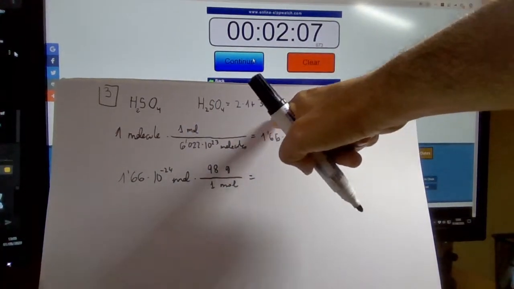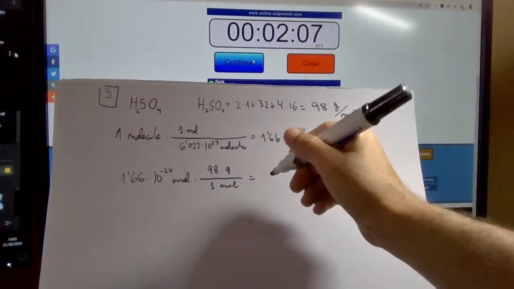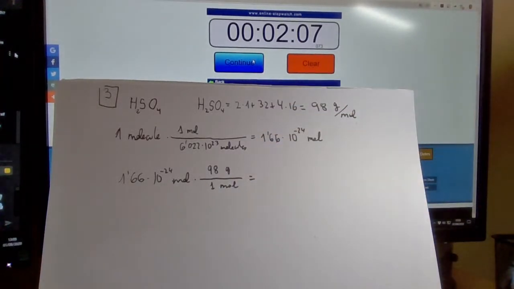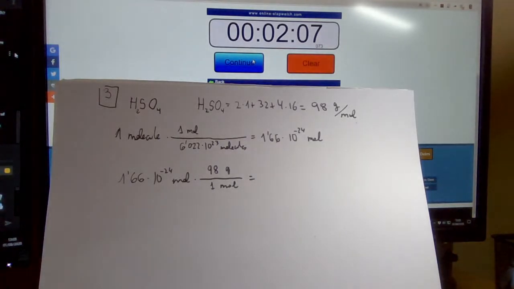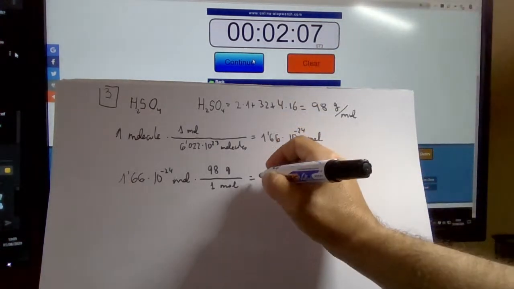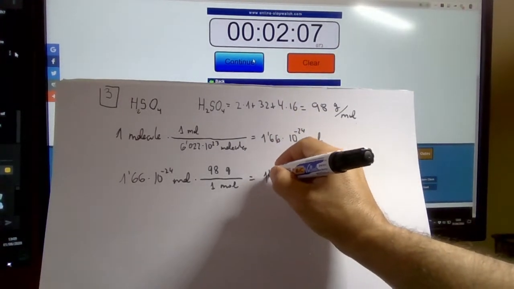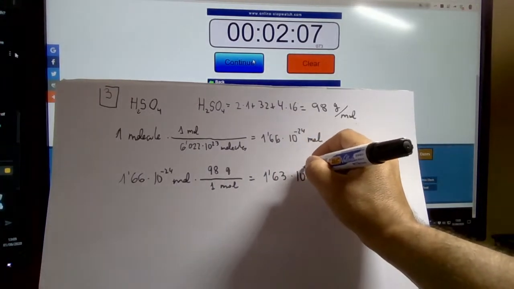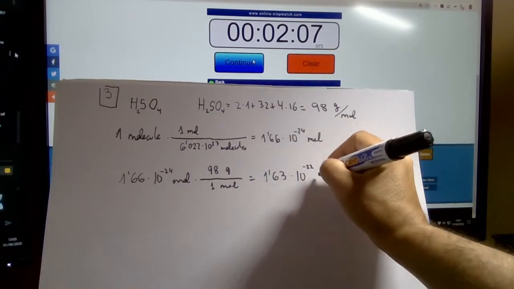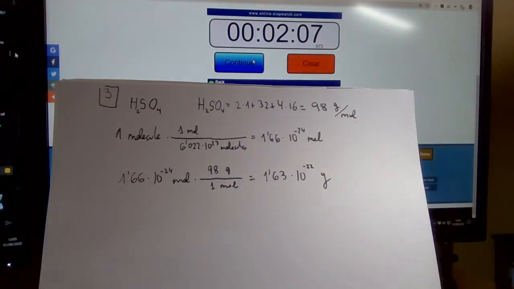So you can save time, but if you do it like this, it's okay. Times 98 equals 1.63 times 10 to the minus 22 grams.